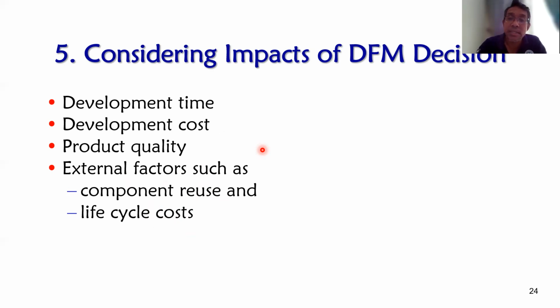So the development time can be very valuable. An automotive development project, for example, may have a time worth as much as $100,000 per day. For this reason, the DFM decision must be evaluated for its impact on the development time, as well as its impact on the manufacturing cost.